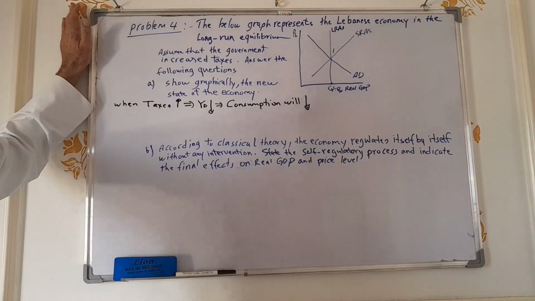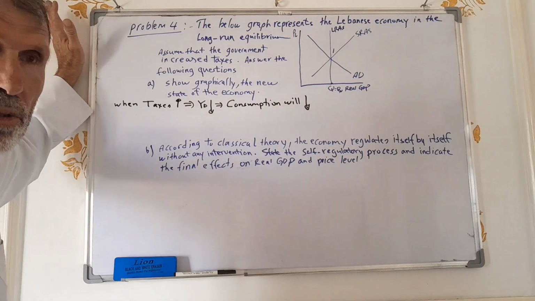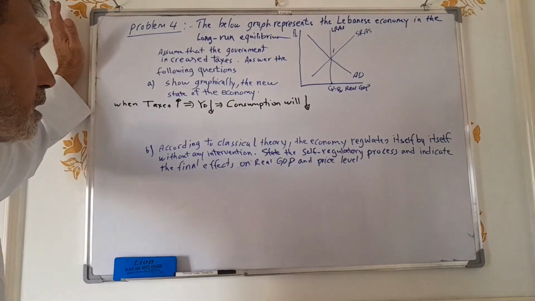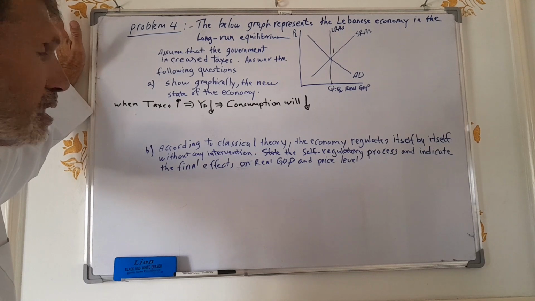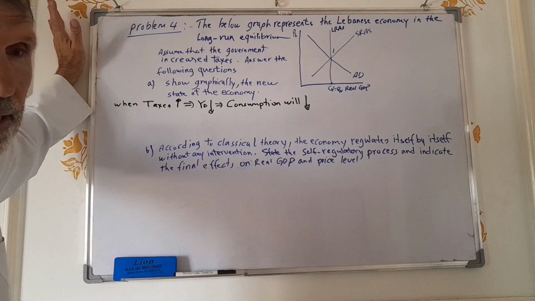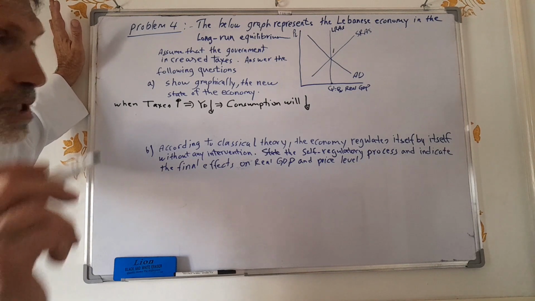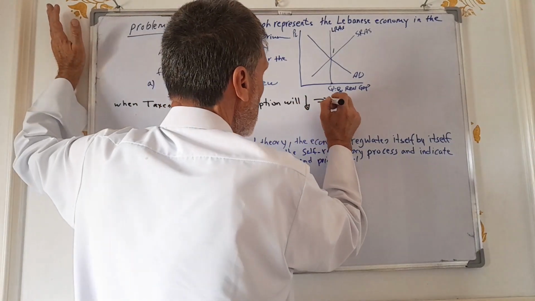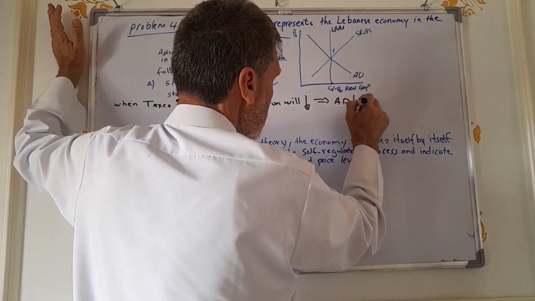Taxes increase, that implies disposable income, which is equal to Y minus T, will decrease. And the decrease in disposable income means the decrease in consumption. And since consumption is a factor of aggregate demand, then aggregate demand will decrease.